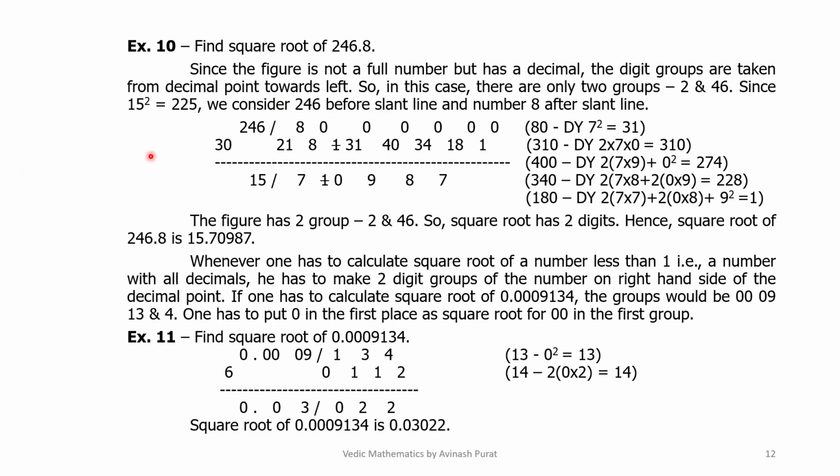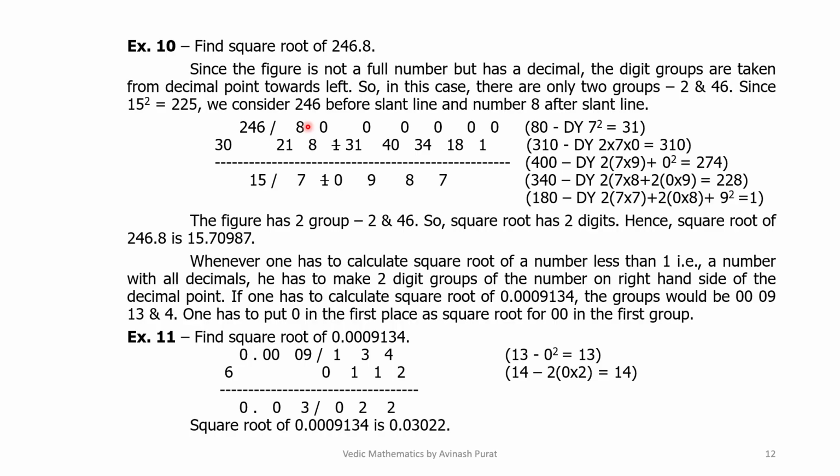So maximum square below 246 is 225, 15 square. So 15 square root is written below the line. 15 multiplied by 2, 30 is taken as divisor, and the balance 246 minus 225 is 21.